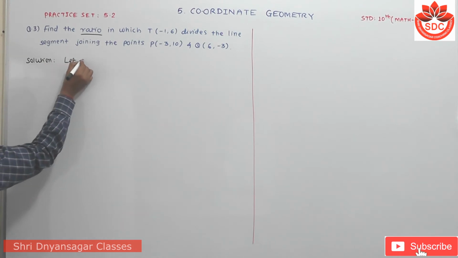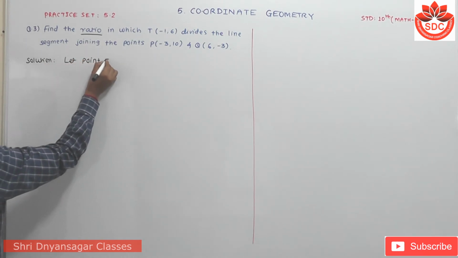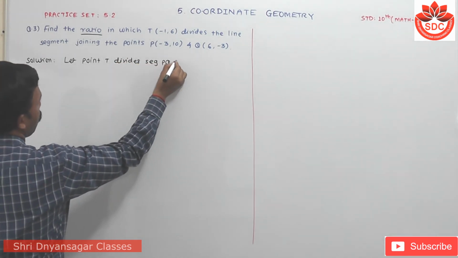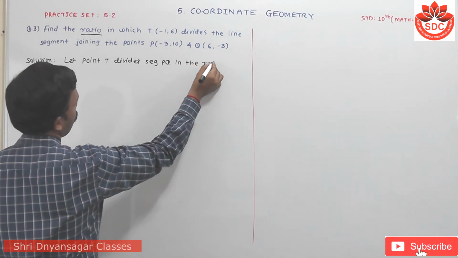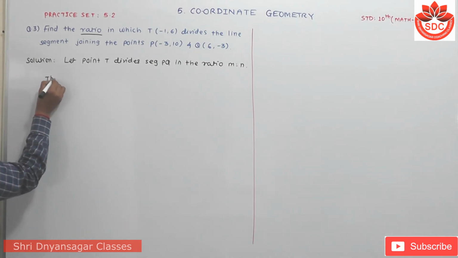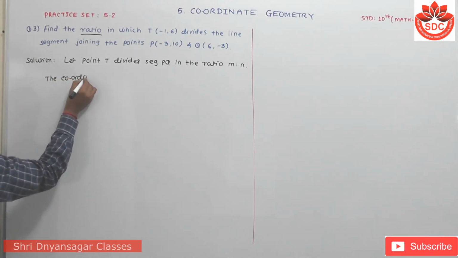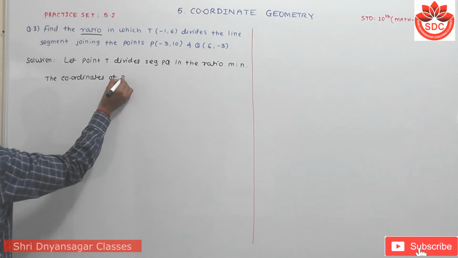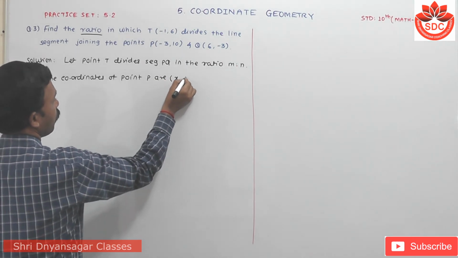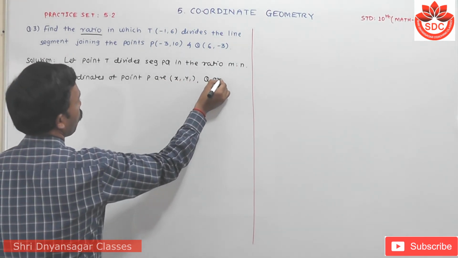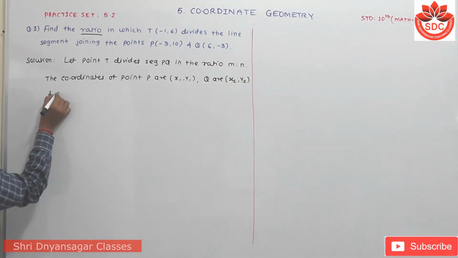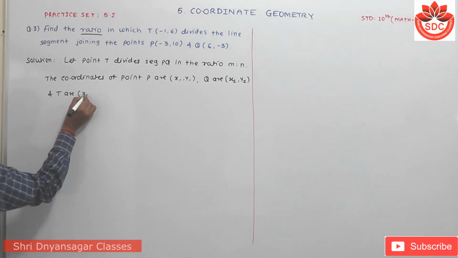Let point T divide segment PQ in the ratio m:n. The coordinates of point P are x1, y1, Q are x2, y2 and T are x, y.